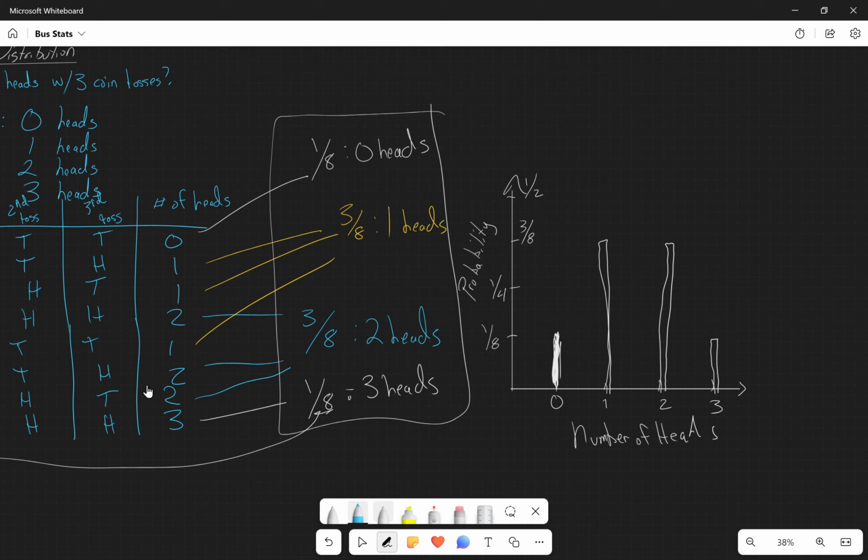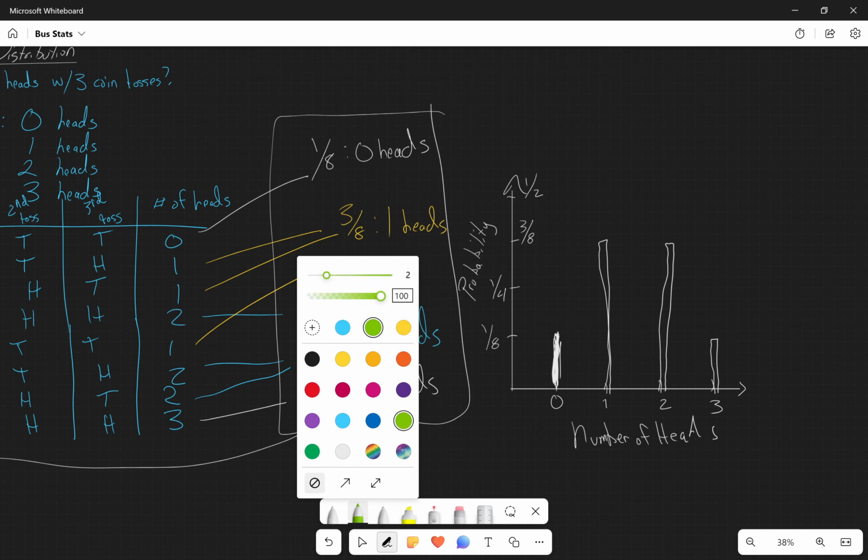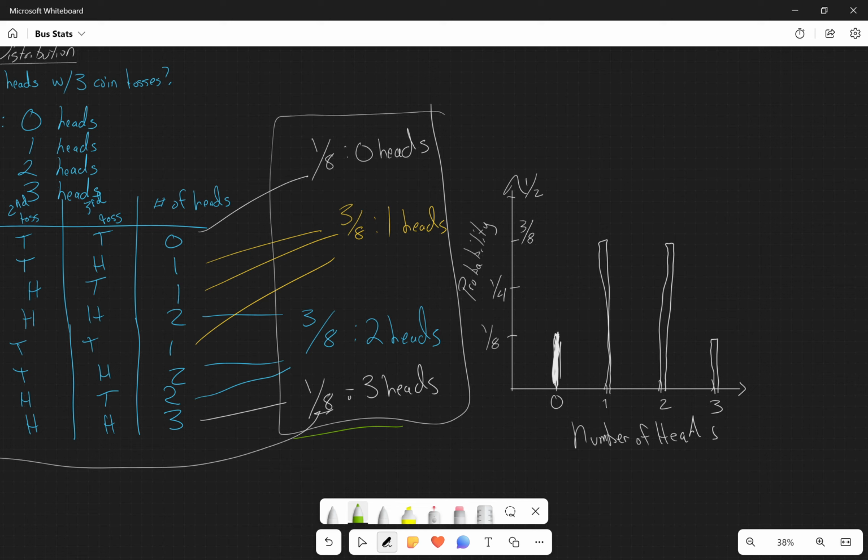One of the checks that we can do, since we know that the events of 0, 1, 2, and 3 are mutually exclusive and collectively exhaustive, is that we are going to assume that these all should equal 1, right?